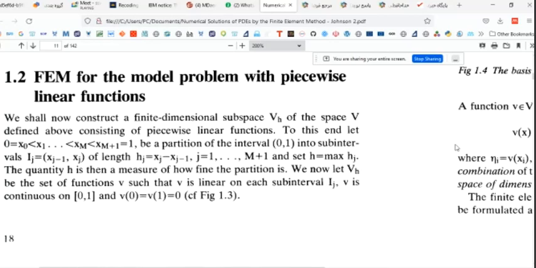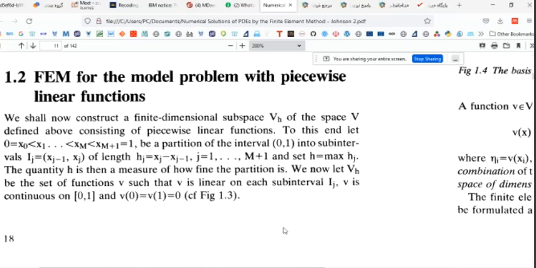To this end, let x0 less than x1 less than x2, and the same holds until xn less than x(n+1), be a partition of the interval 0 to 1.